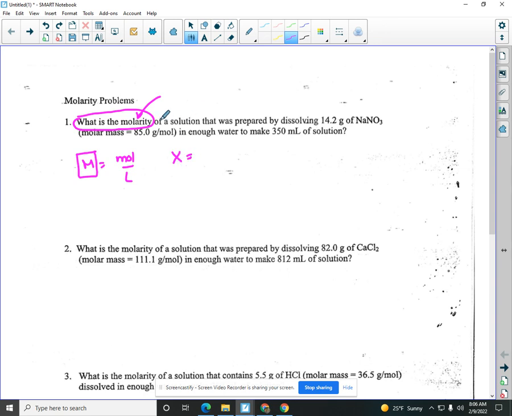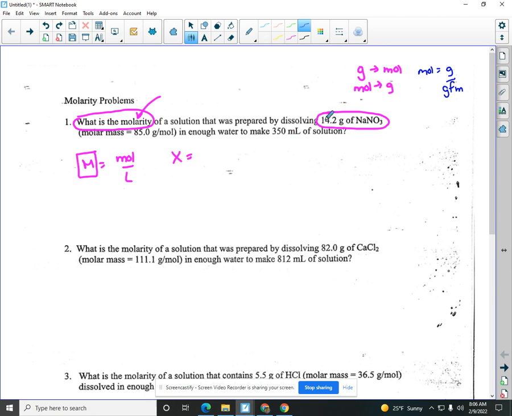Okay, let's keep reading. Of a solution that was prepared by dissolving 14.2 grams of sodium nitrate. We look over here, there is no grams in this formula. However, grams can be converted to moles, just like moles can be converted to grams, using the formula moles equals grams over gram formula mass.